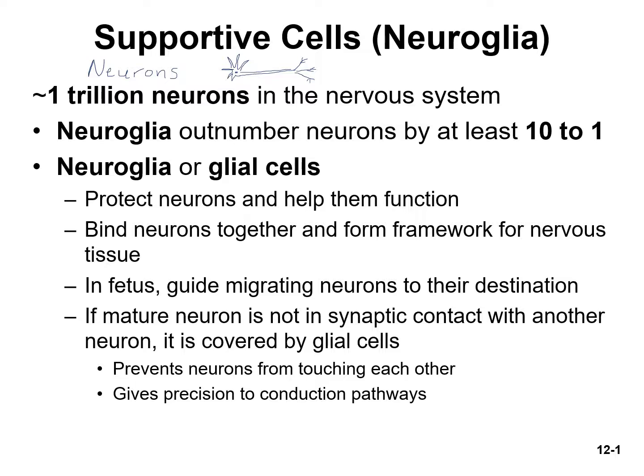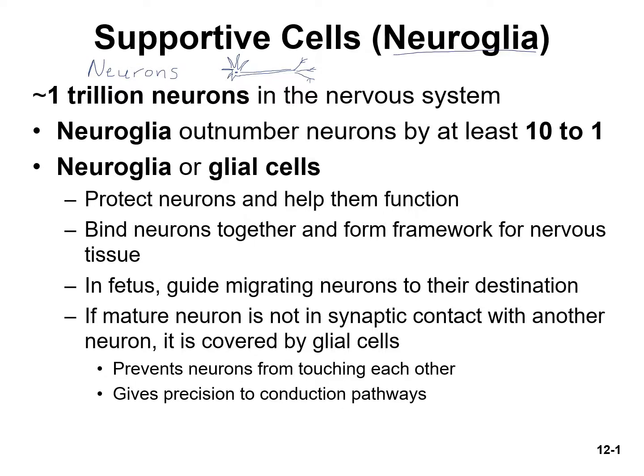So the neurons are specialized for sending coded messages in the form of action potentials from one part of the body to another. Whereas the neuroglia, or the support cells, there's several different types, but these really serve to help support the main functionality of the nervous system.